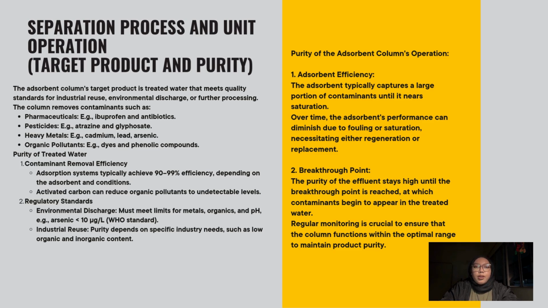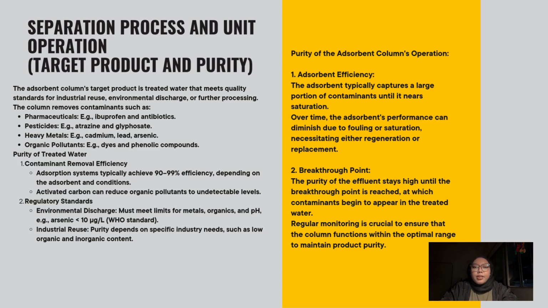So, the purity of the adsorption column operation. The first one is adsorbent efficiency. The adsorbent typically captures a large portion of contaminants until near saturation. Over time, the adsorbent's performance can diminish due to fouling or saturation, necessitating either regeneration or replacement.